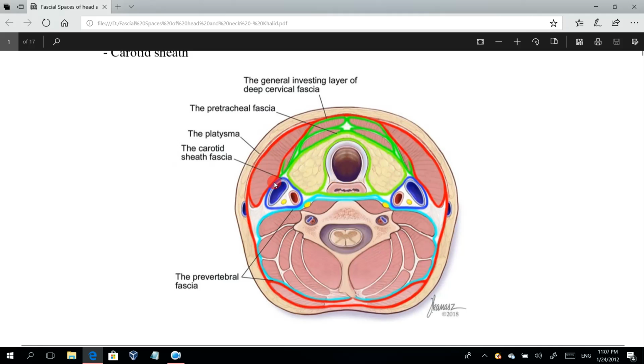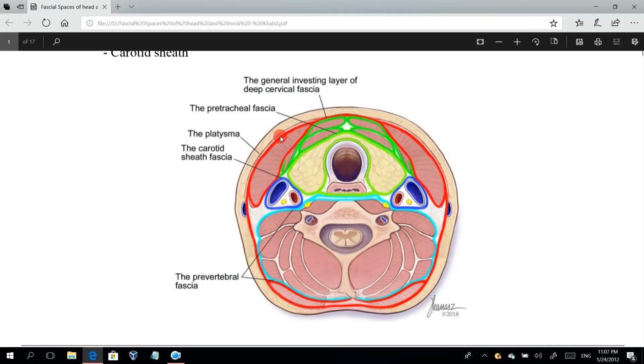And of course, this is the carotid sheath. So the first layer is the skin and the subcutaneous tissue, also called the superficial cervical fascia, containing this muscle. We will discuss it later on. This is the superficial fascia.